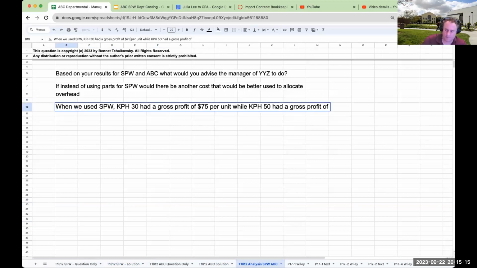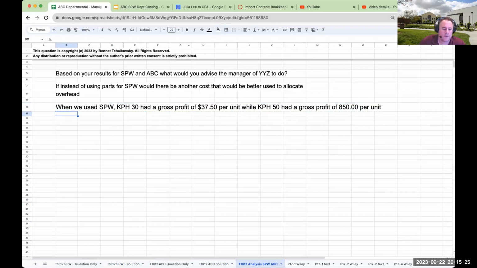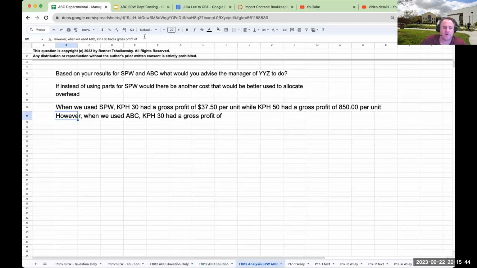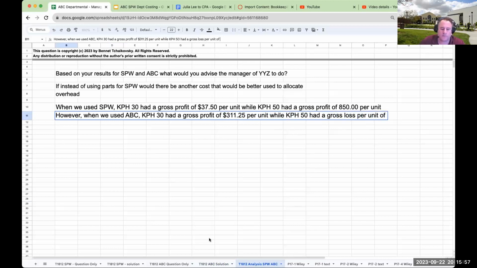Excuse me. This will be $37.50. However, when we used activity-based costing, KPH 30 had a gross profit of $311.25 per unit, while KPH 50 had a gross loss per unit of $245.